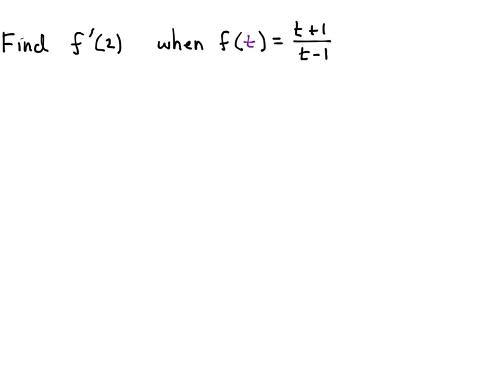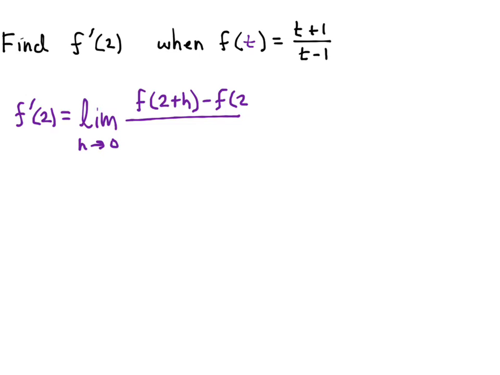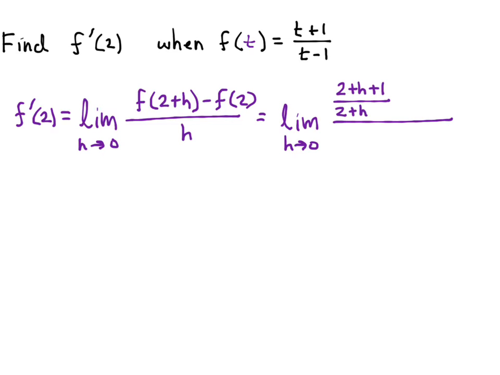Okay, so we have f at t equals t plus 1 over t minus 1. Okay, so I'm going to define my derivative, f prime at 2. Just write out the definition where I have f at 2 plus h minus f at 2 divided by h, and I'm taking the limit as h goes to 0.